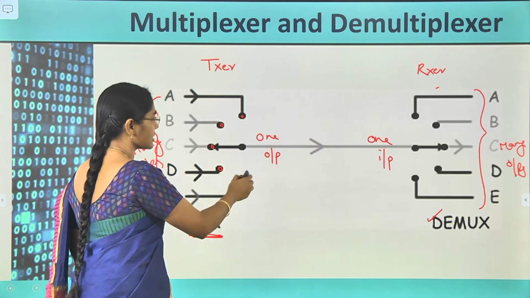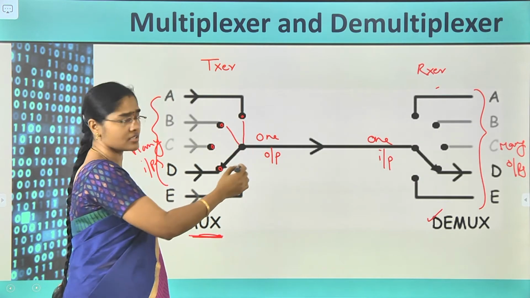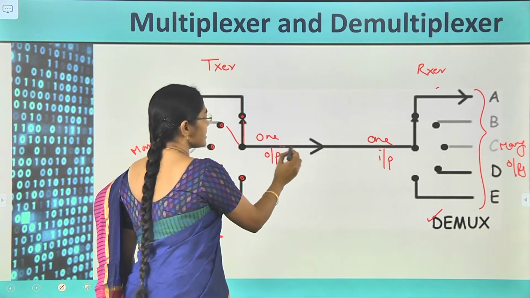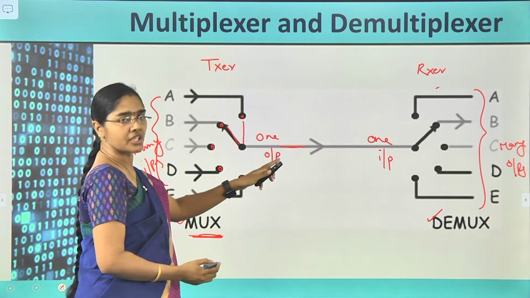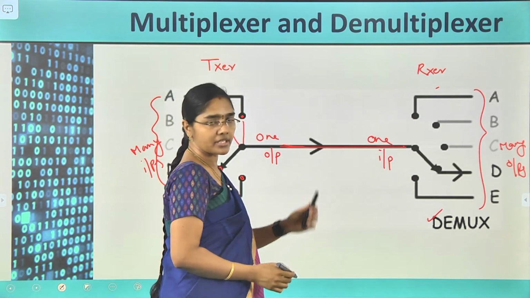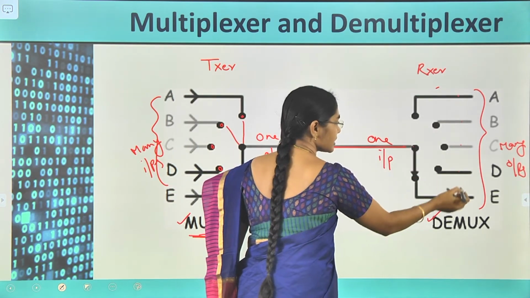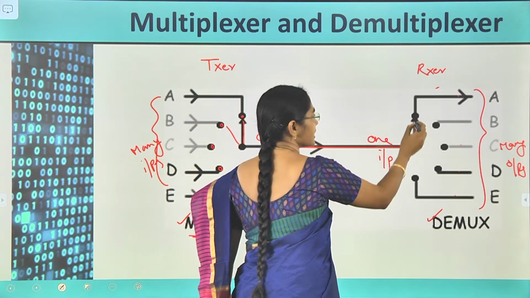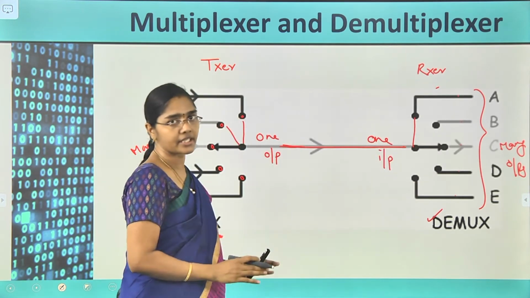From the many signals, the switch is connecting only one input signal at a time. And so this signal has a combination of all inputs, all A, B, C, D, E. And the multiplexed signal is received by the demultiplexer, and this demultiplexer is distributing the received signal to many outputs. That means again it is connecting to only one switch at the output side at a time.